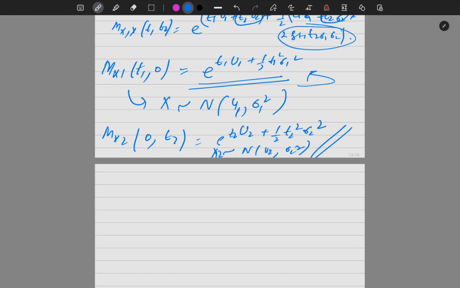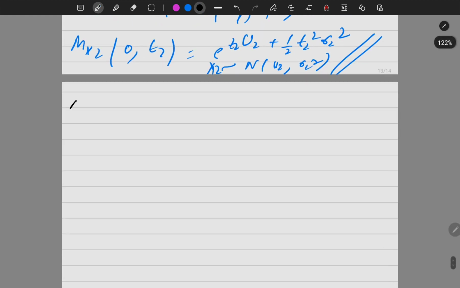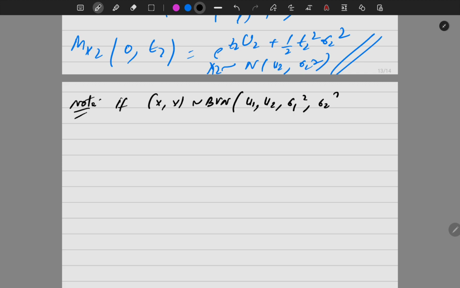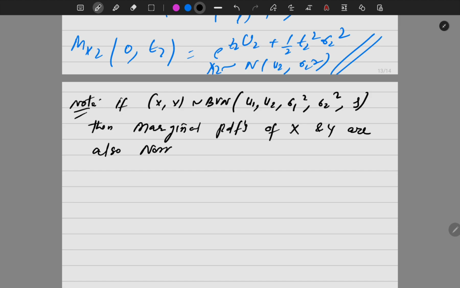So here is a note, or we can say a remark. If x comma y follows bivariate normal mu 1, mu 2, sigma 1 square, sigma 2 square, rho, then marginal PDFs of x and y are also normal, but the converse is not true.